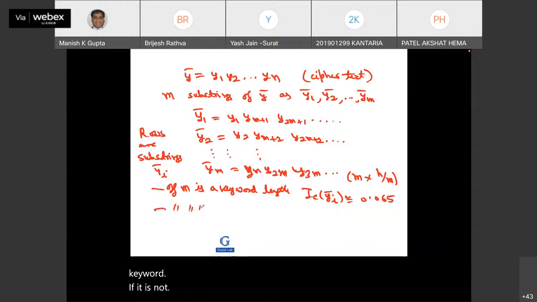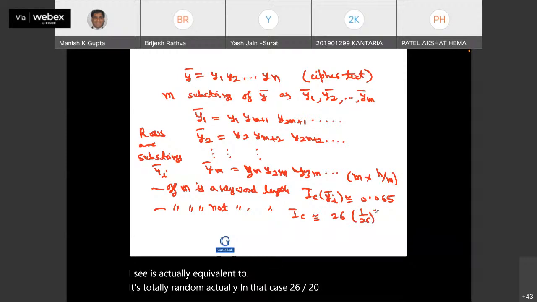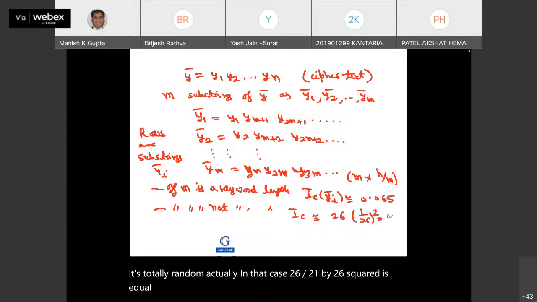If m is not the keyword length, then the IC is totally random in that case, 26 times 1 over 26 squared, which is equal to 0.038, something like that. It's very random.